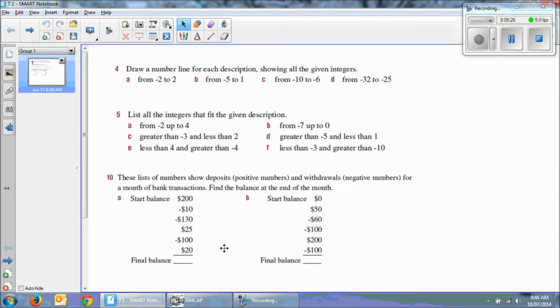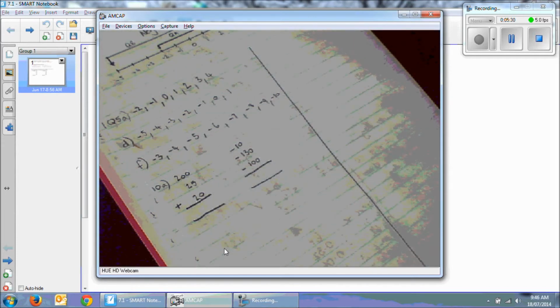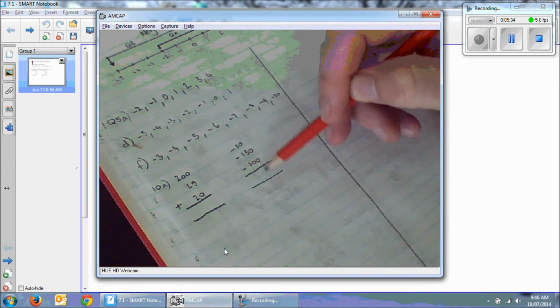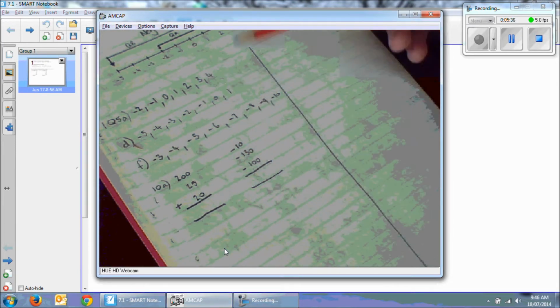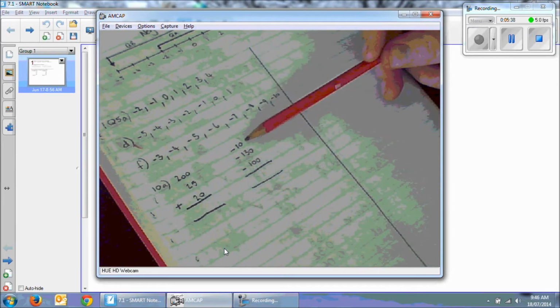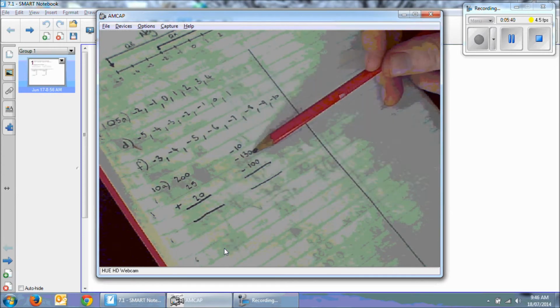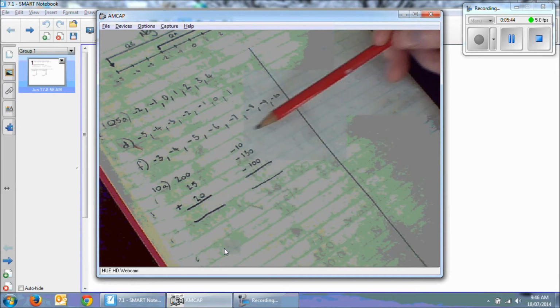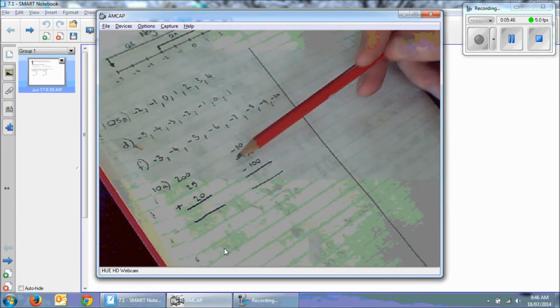So this is, over a month, how much somebody is spending and depositing into their bank account. Now, I need to add all of these up because I need to work out how much he actually spent. So if you think about it as one day he took $10 out, one day he took 130 out, and another day he took $100 out, how many dollars in total did he take out? It doesn't matter that they're all negatives, we still add them together.